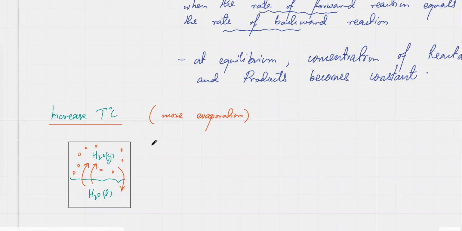तो इसका एक rule है कि whenever you increase temperature, always the endothermic reaction is favored. And endothermic is the one that needs energy.